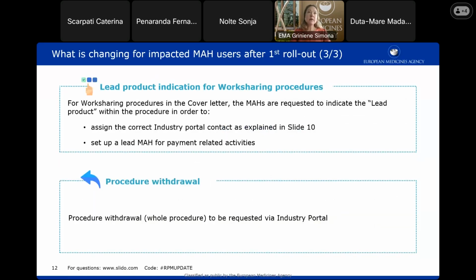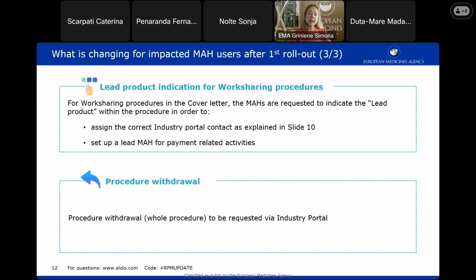This is about the lead product indication for work-sharing procedures. For work-sharing procedures to be managed in IRIS, we ask marketing authorization holders to indicate the lead product within the procedure in the cover letter of the work-sharing procedure. This is important for main reasons as explained here.